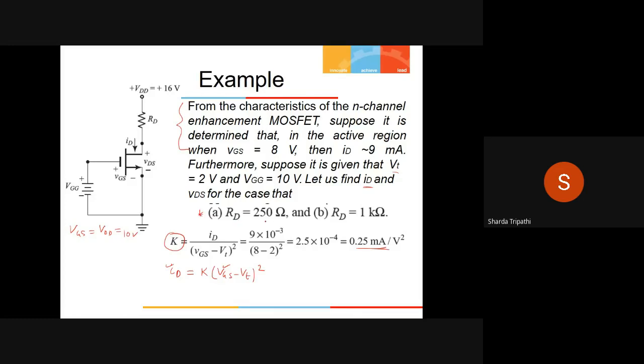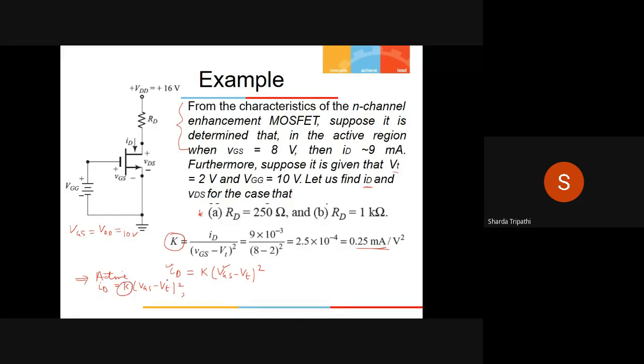Now here, when RD is 250 ohms, how do we start? We start afresh. We say that we don't know in which region the transistor is operating. So let me assume that the transistor is operating in the active region. And if it is operating in the active region, then I know how to calculate the drain current, because this is equal to ID is K times of VGS minus VT whole square.